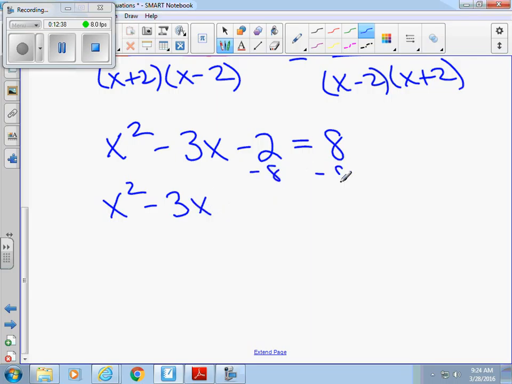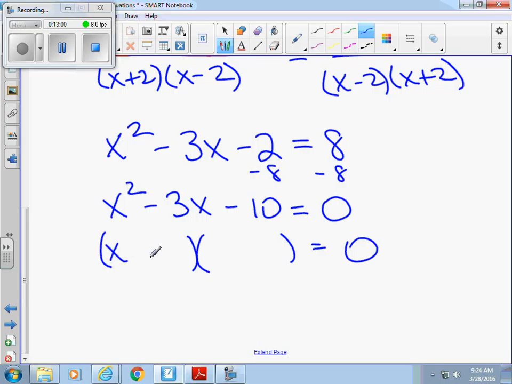And someone remind me, if you don't know how to factor, if for some reason you've made it this far and can't, what do you do? You have a calculator program that will do that for you, right? What are the factors of 10 that subtract to give you 3? 2. X minus 5 and x plus 2. And so x equals 5 and negative 2, right?